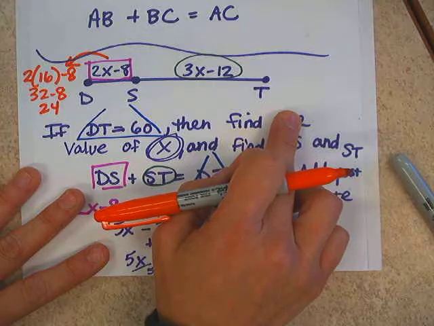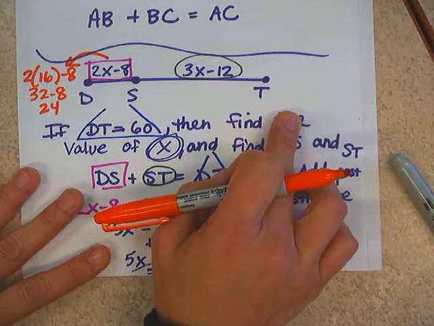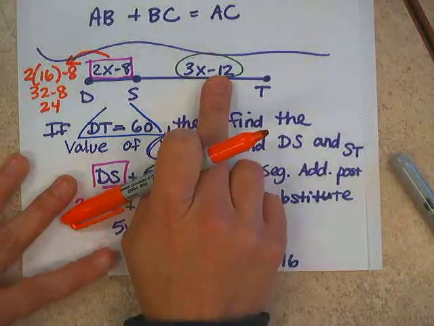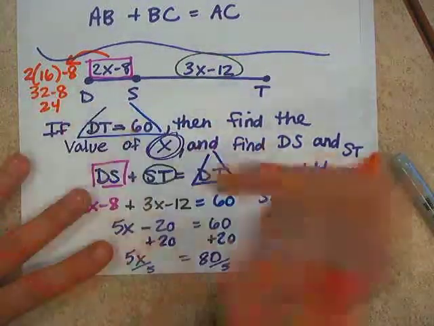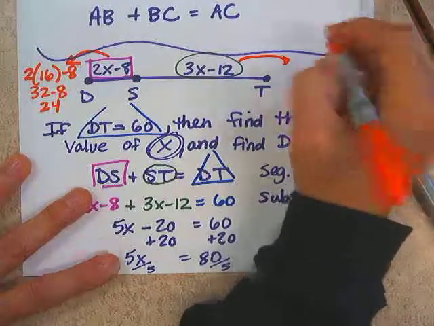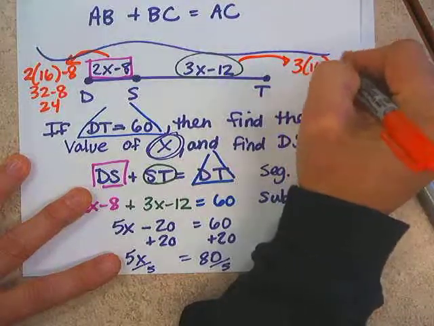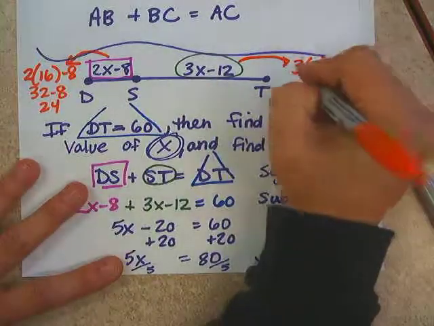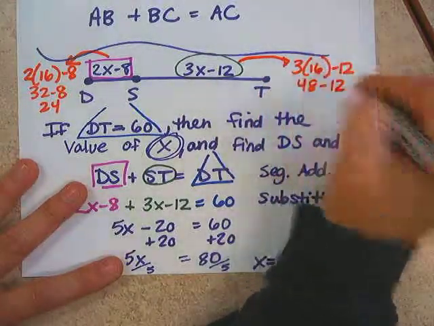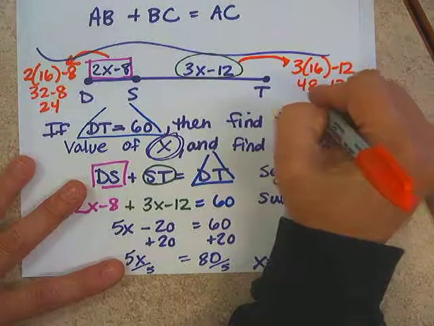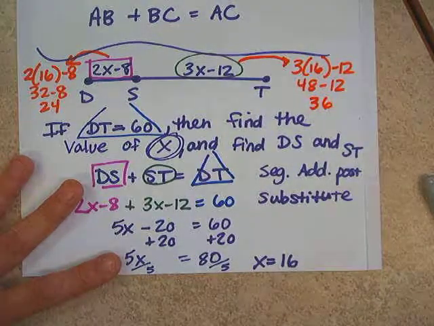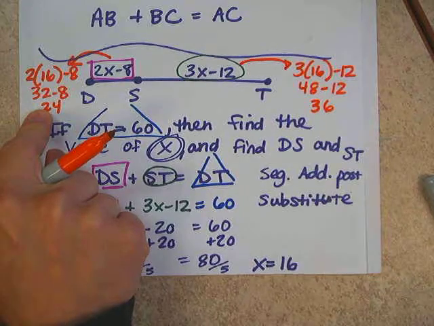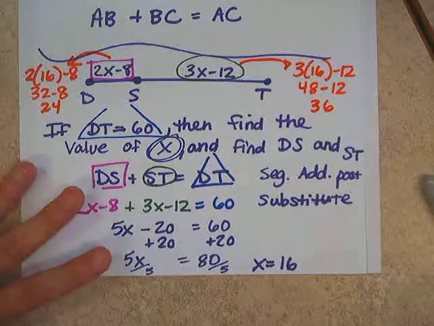From there, you have two options. If we know the whole thing is 60, you could just subtract 24 from 60 to get ST. But if you want to make certain that everything was done correctly, I would probably still plug 16 in here, because they should add up to 60. So for this, we have 3 times 16 minus 12. 16 times 3 is 48, minus 12 is 36.